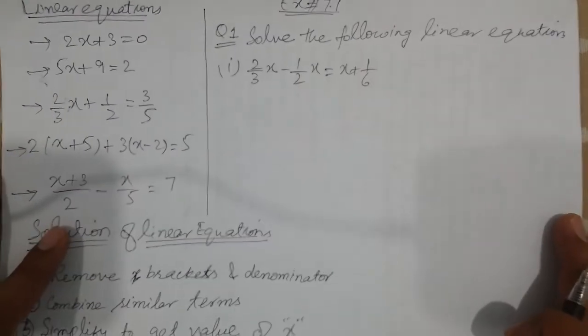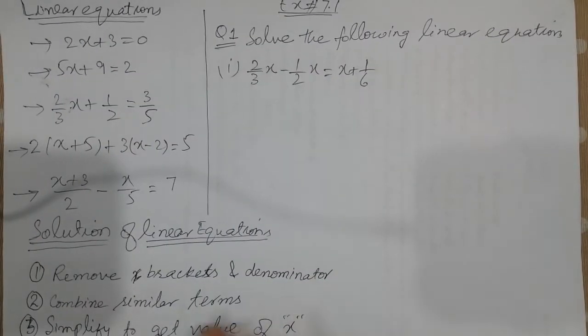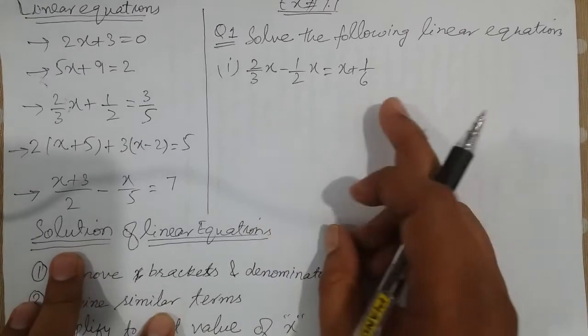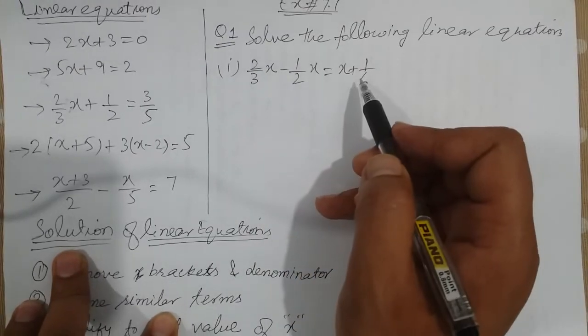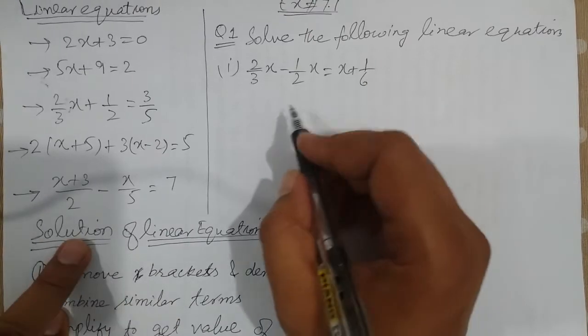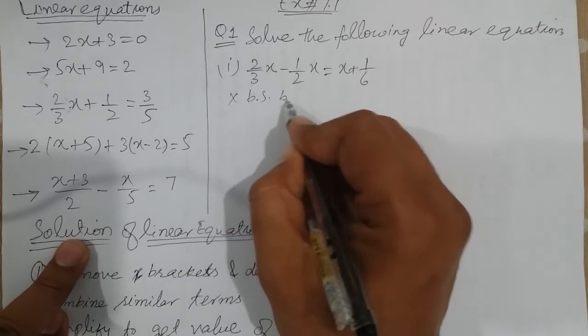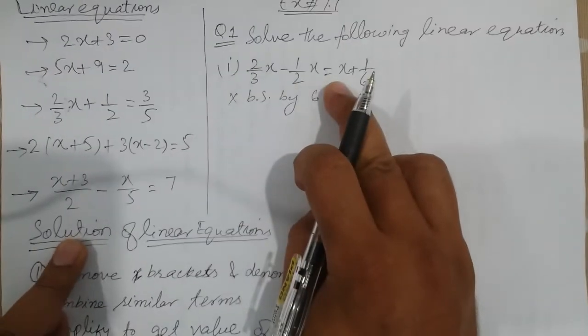So what we have to do, we have to follow these rules. First of all, we have to remove brackets and denominator. There is no bracket in this question, so we have to remove the denominator. Denominators are 3, 2, and 6. To remove these, we have to multiply both sides by 6, because 6 is the LCM of these numbers.